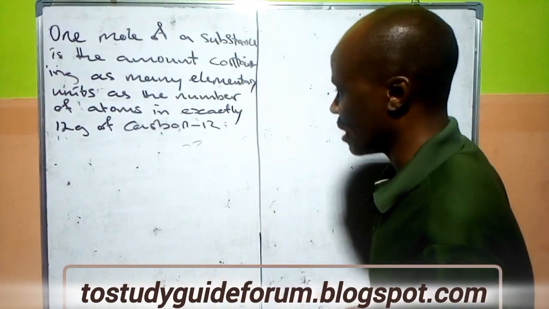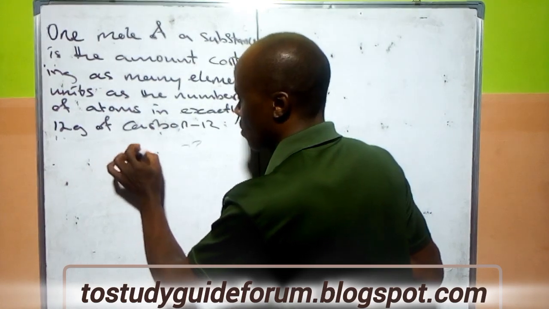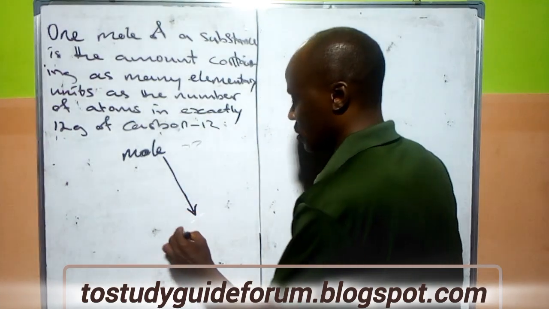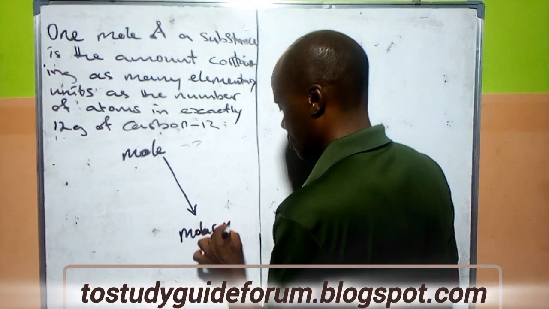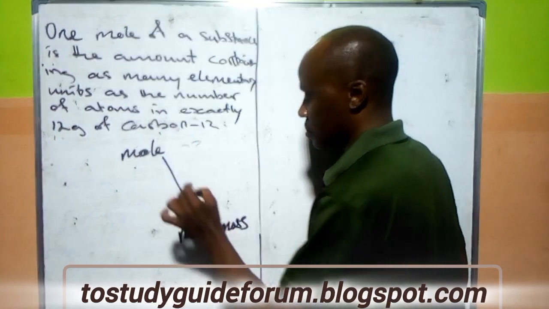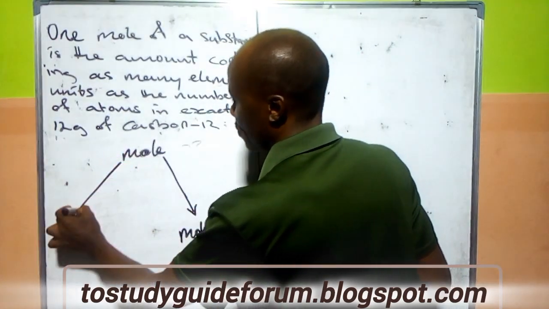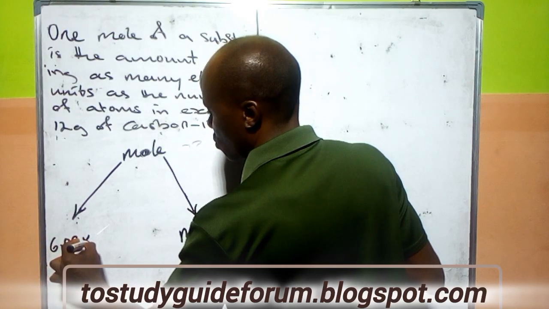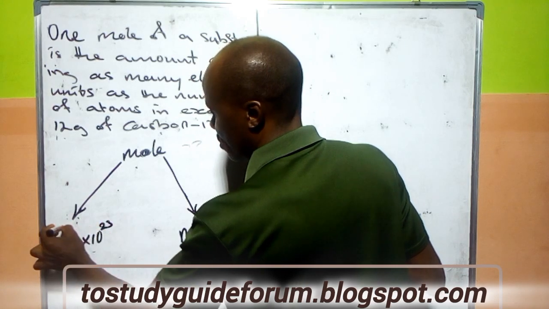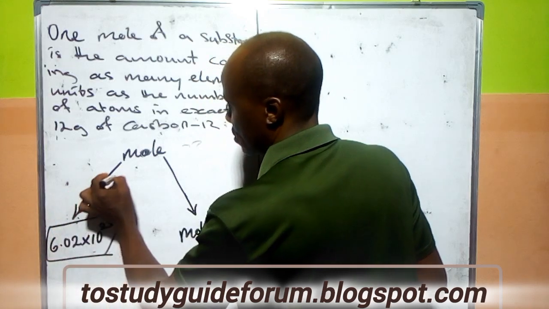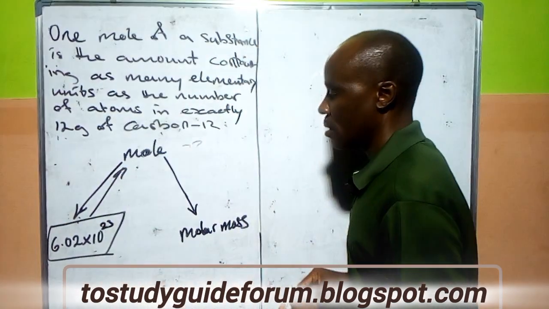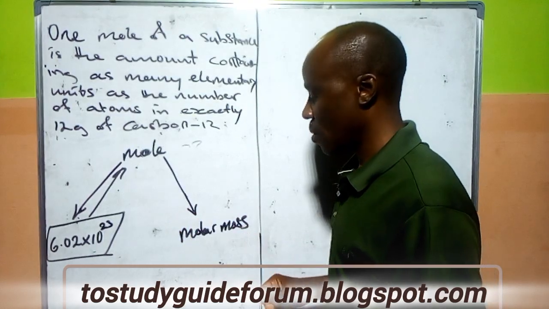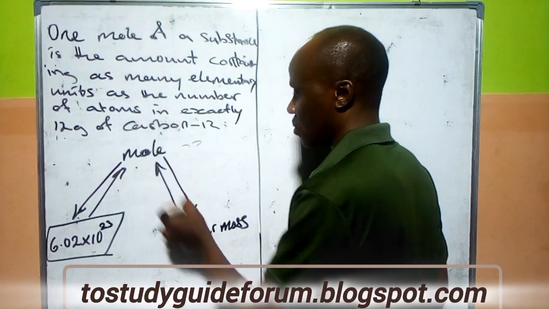If we have a mole here, then a mole contains the molar mass, and on the other side it also contains 6.02 times 10 raised to the power 23, which is Avogadro's number. This is equal to 1 mole, and a mole is equal to this molar mass. 1 mole is equal to molar mass, and molar mass is also equal to 1 mole.